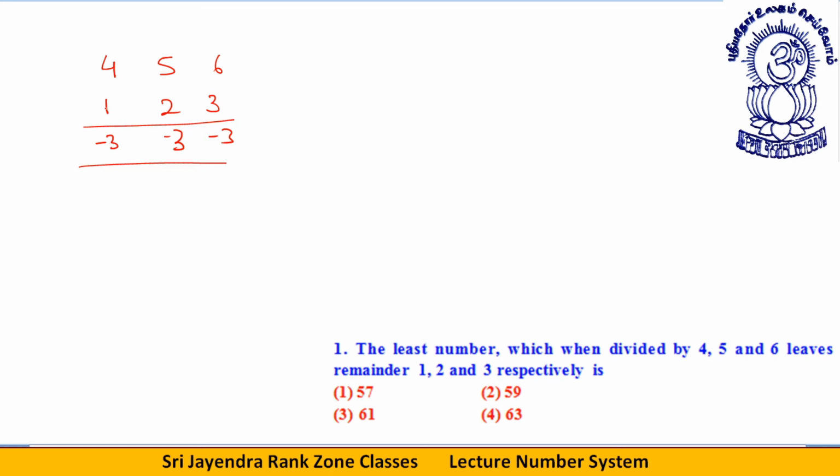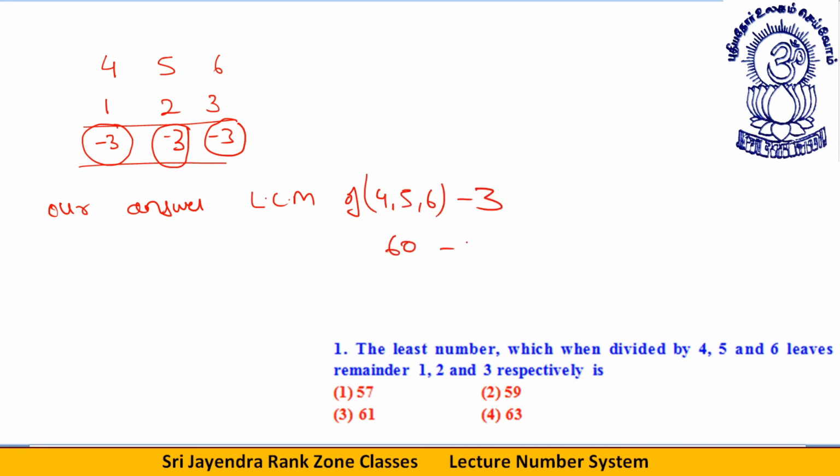So for 4 a remainder of 1 is equal to a remainder of minus 3, for 5 a remainder of 2 is equal to minus 3, for 6 a remainder of 3 is equal to minus 3. So our answer will be LCM of 4, 5, 6 minus 3, that is 60 minus 3, which is 57.